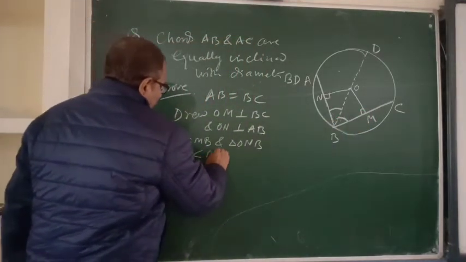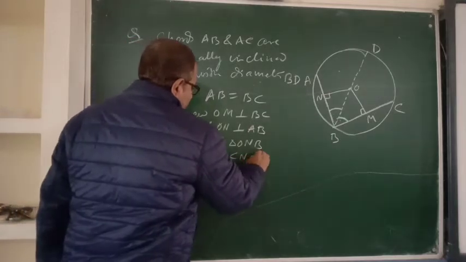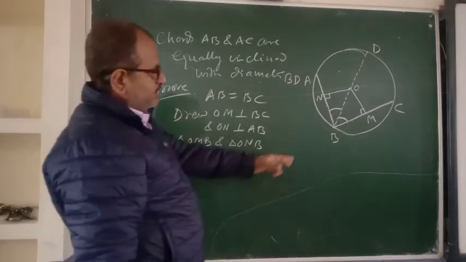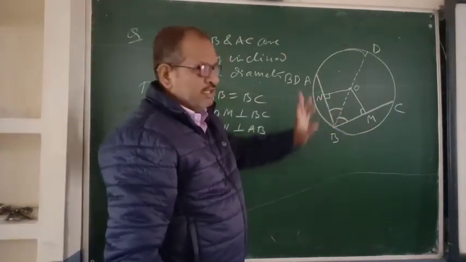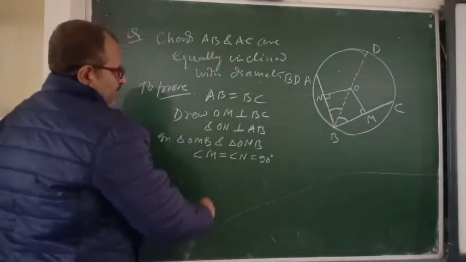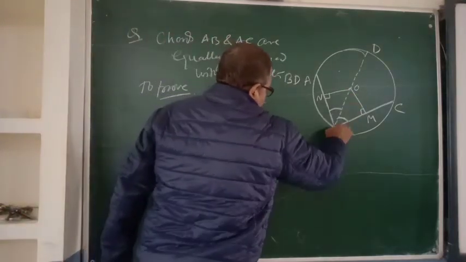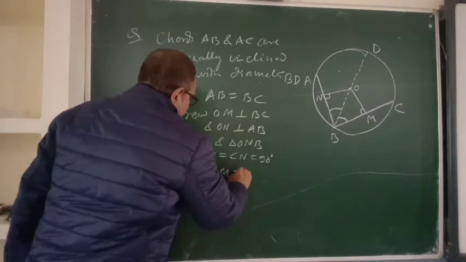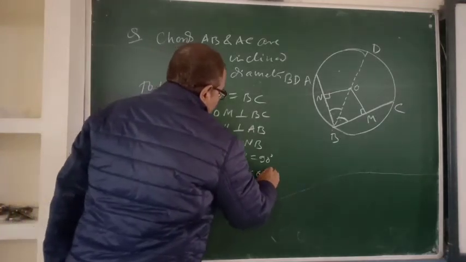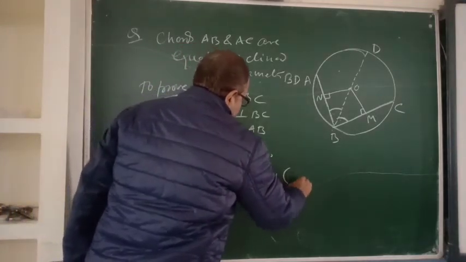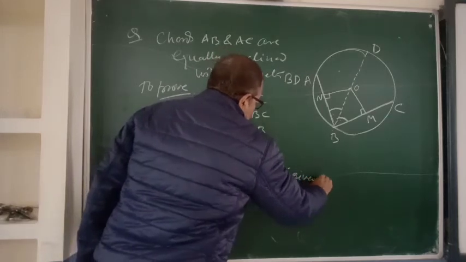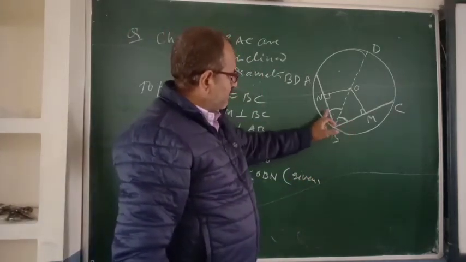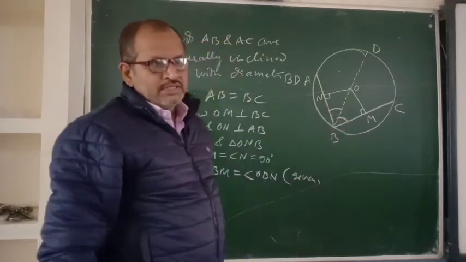So we can write angle M is equal to angle N, 90 degrees, by construction, because OM is perpendicular and ON is perpendicular. Angle OBM is equal to angle OBN. It is given because both the chords are equally inclined with the diameter.